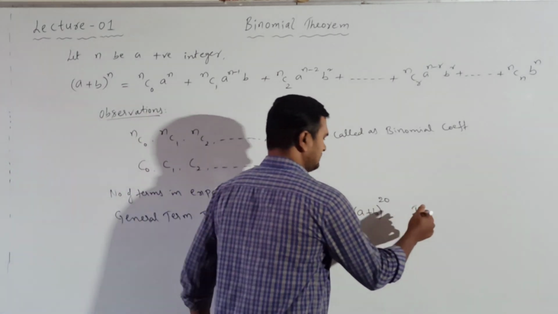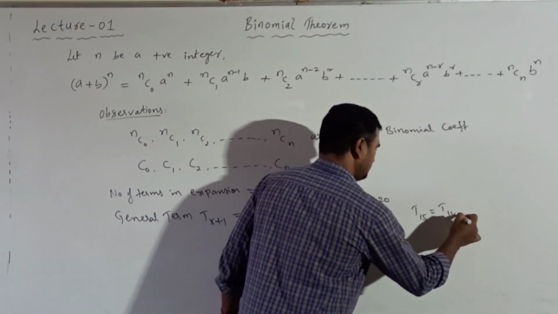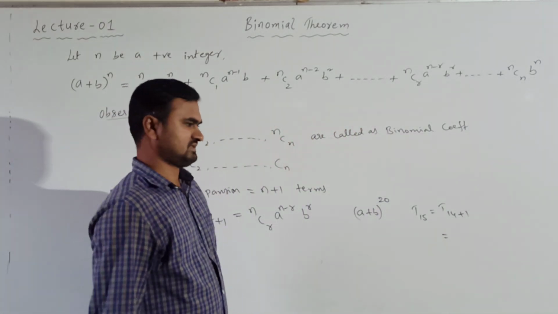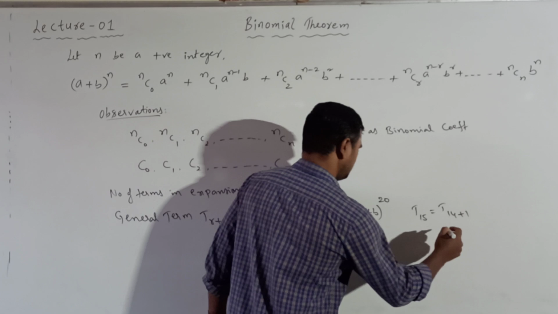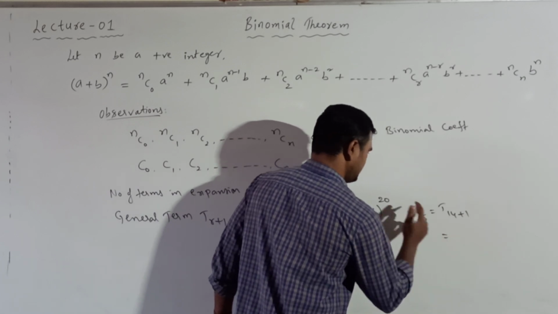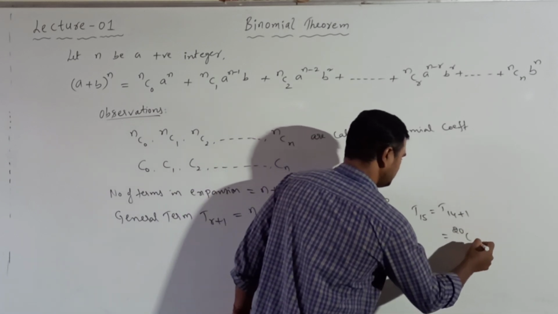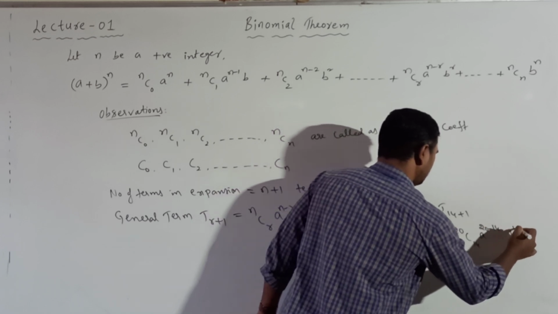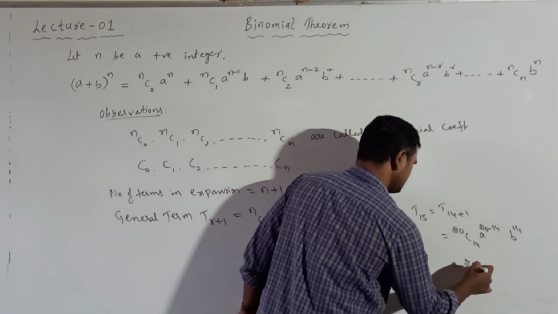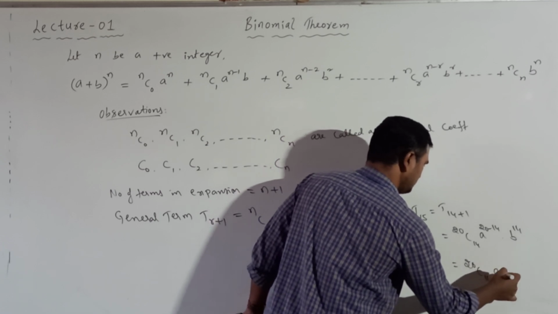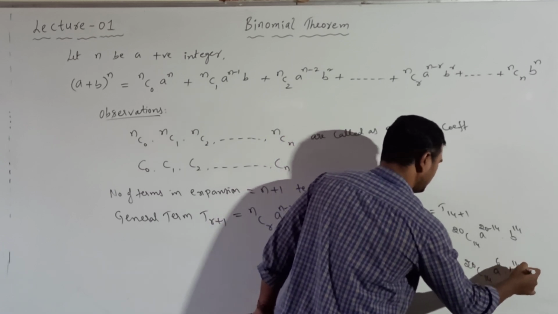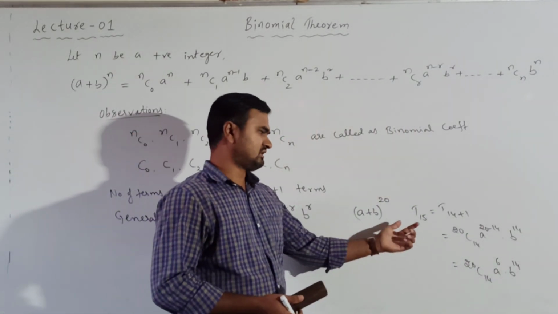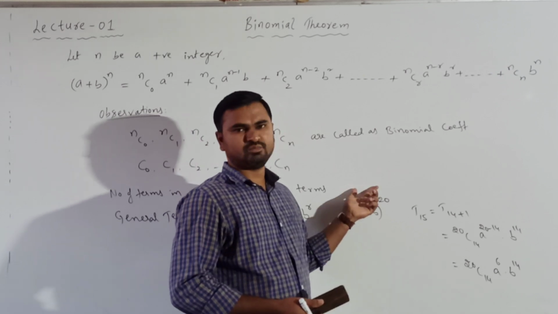Now this T15 can be written as T(14 plus 1), which in the form T(r plus 1) is nCr, where n means 20 here, so 20C14 a power 20 minus 14 b power 14. So it is 20C14 a power 6 into b power 14. That will be the 15th term required in the expansion of (a plus b) whole power 20.